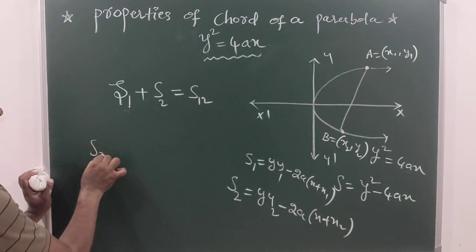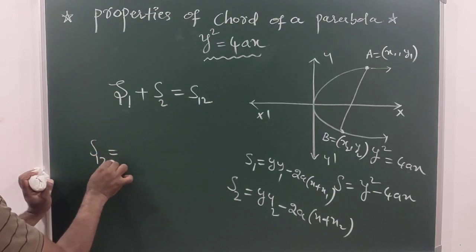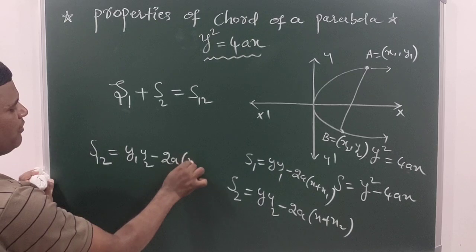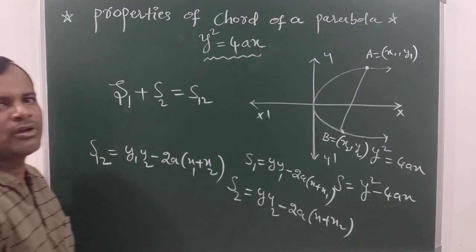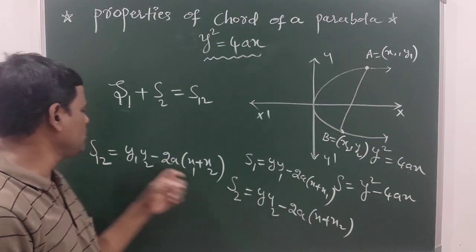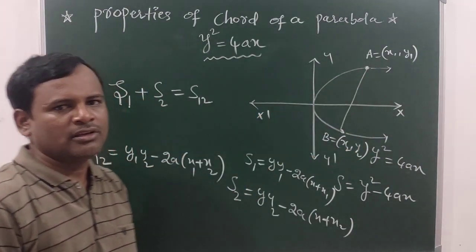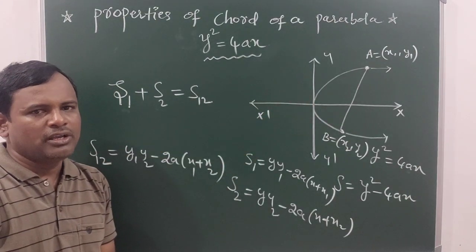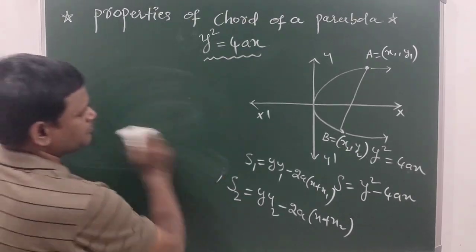Similarly, S12 is y1 y2 minus 2a of x plus x1 plus x2. Prepare this S1, S2, S12 with respect to these points A and B, so that you will get the equation of that chord AB.